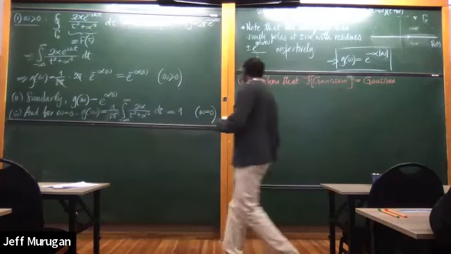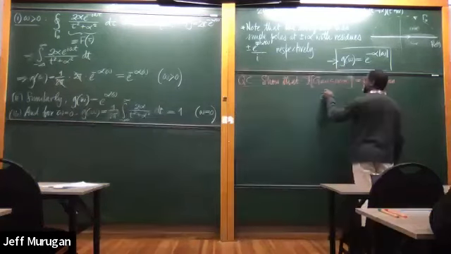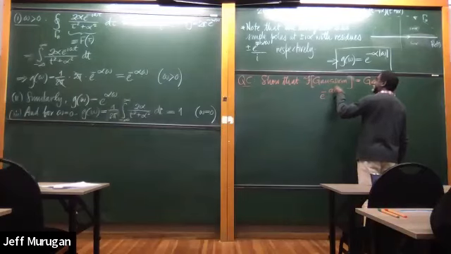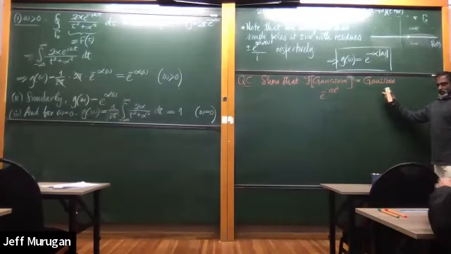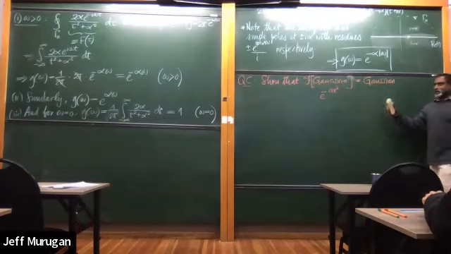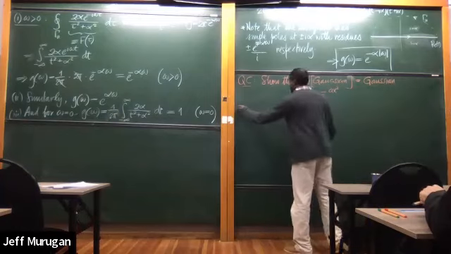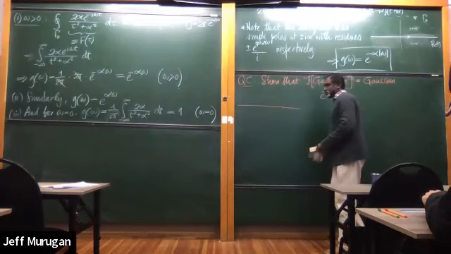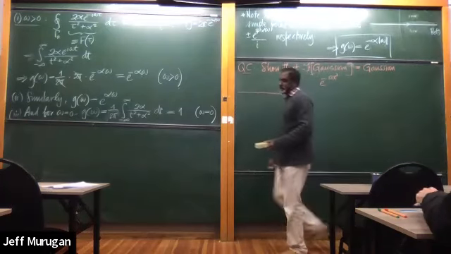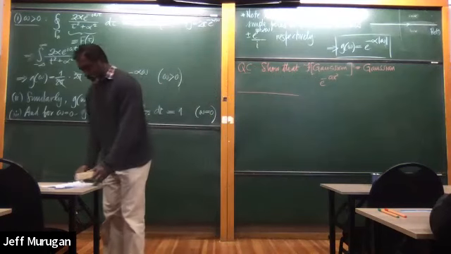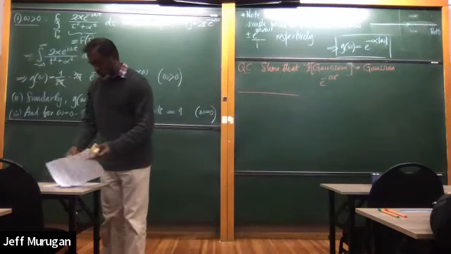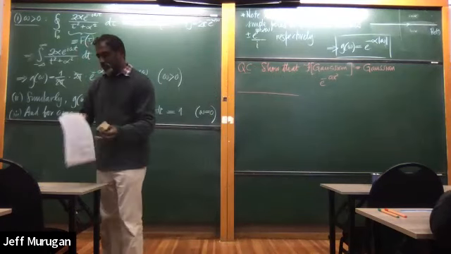You can take this one to be e to the minus a x squared, for example, and the other is going to depend on a in the inverse fashion. We'll leave that as an exercise for you. It's a fun exercise, and you should be careful about which curve you're integrating on in the complex plane.